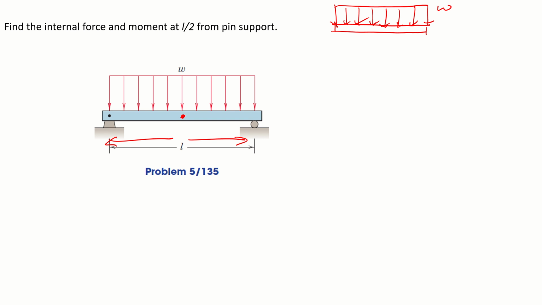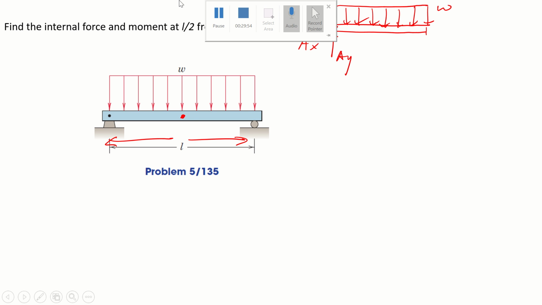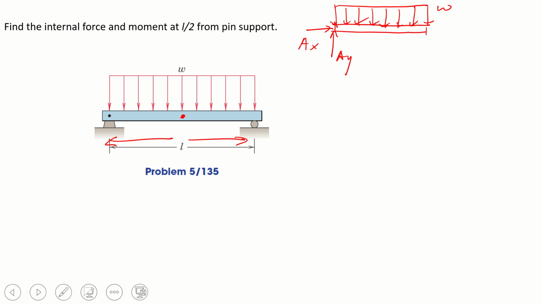This is W. At the left edge, I assume the names are AY and AX. Then on the right edge we have PY, for the external reaction force at the pin and the roller.